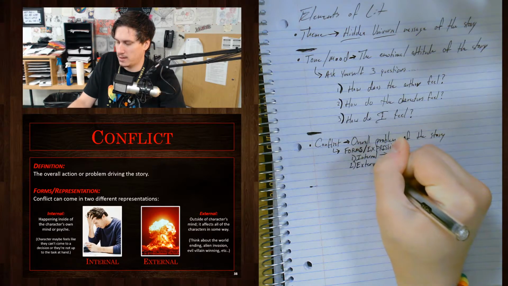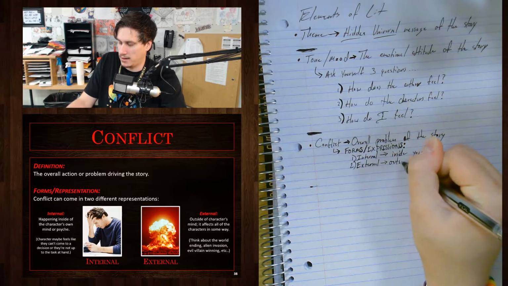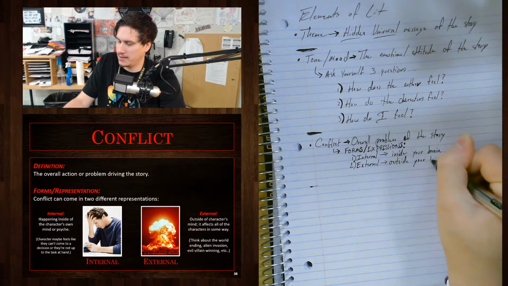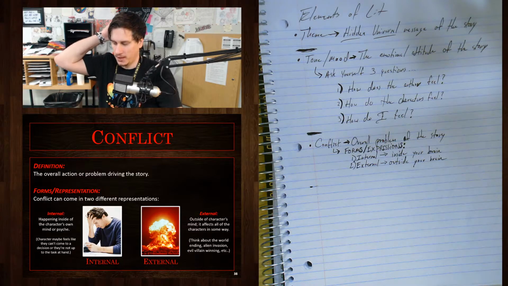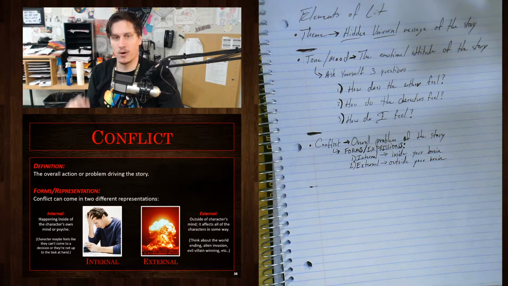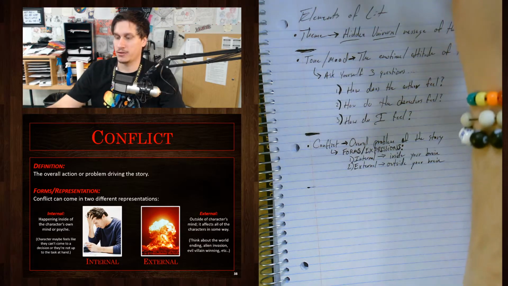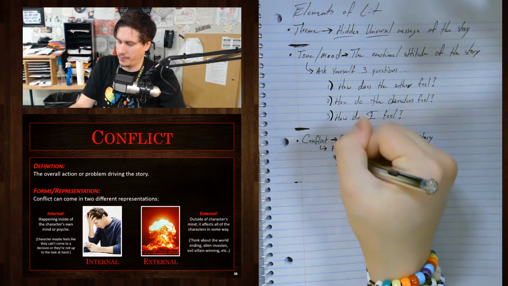External means outside, so it's going to mean outside your head. Outside your brain. Those are the different ways that you can do that. Now, for all of the types that I have on the next slide, you can do this either internally or externally. It just really depends on the story and what you need it to do.